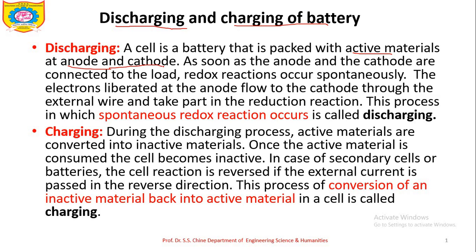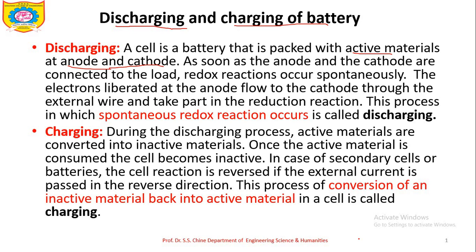As soon as the anode and the cathode are connected to the load, meaning it is in use, for example the battery fit into a laptop, a redox reaction occurs spontaneously. The electrons liberated at the anode flow to the cathode through the external wire and take part in a reduction reaction.